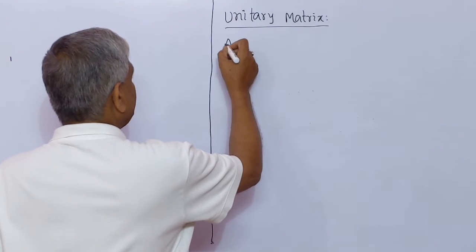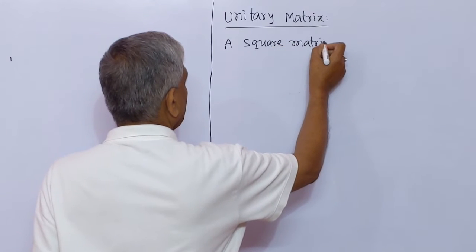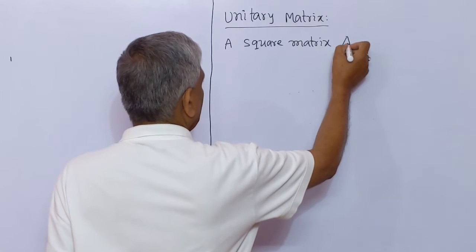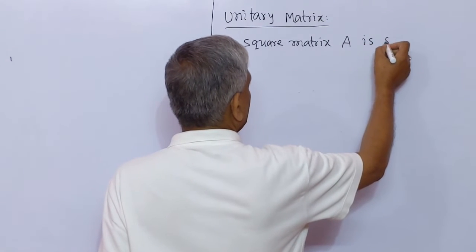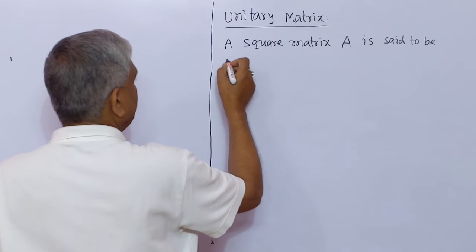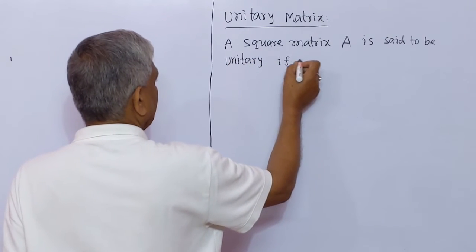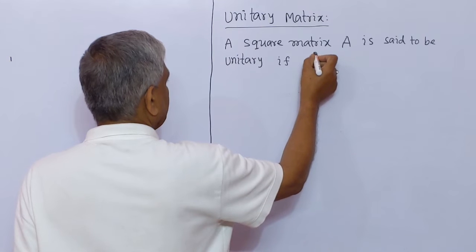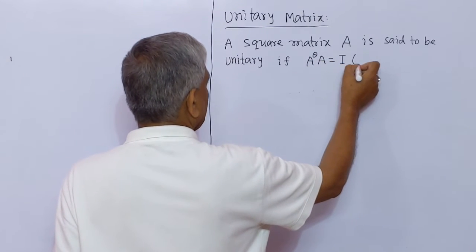A square matrix A is said to be unitary if A theta multiply A equals unit matrix.